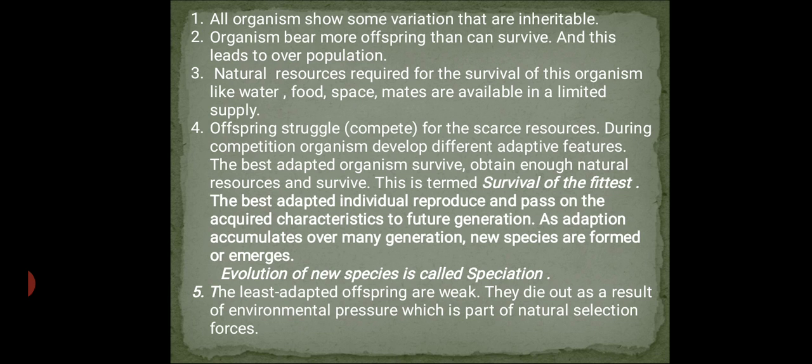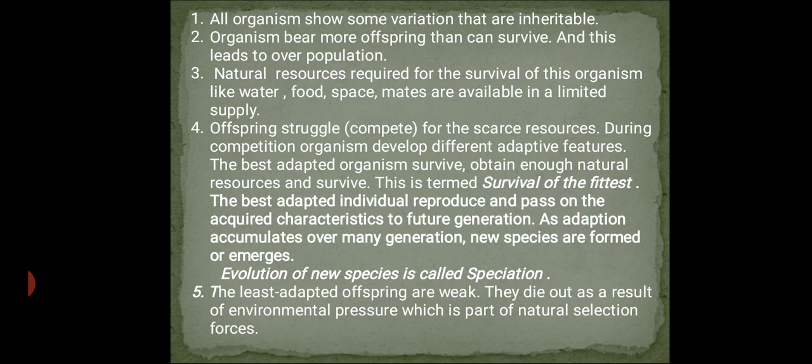Offspring struggle for these scarce resources. 5. During competition, organisms with different adaptive features will survive. That is, the best adapted organisms obtain natural resources and survive. This is termed survival of the fittest.